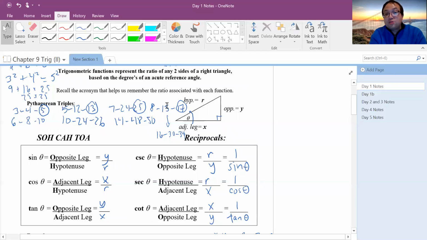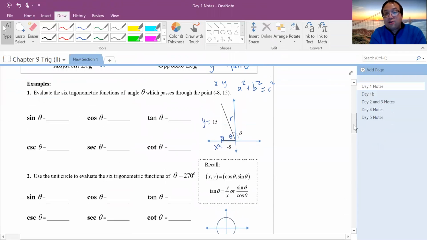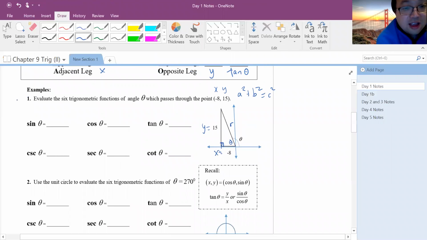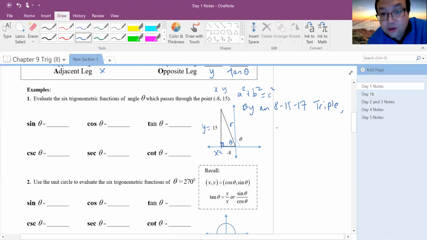The hypotenuse in this case would have been 17. Just to save room, I'm going to say because it's an 8, 15, 17 triple, I know that r, in this case the hypotenuse, the radius, is going to be 17.